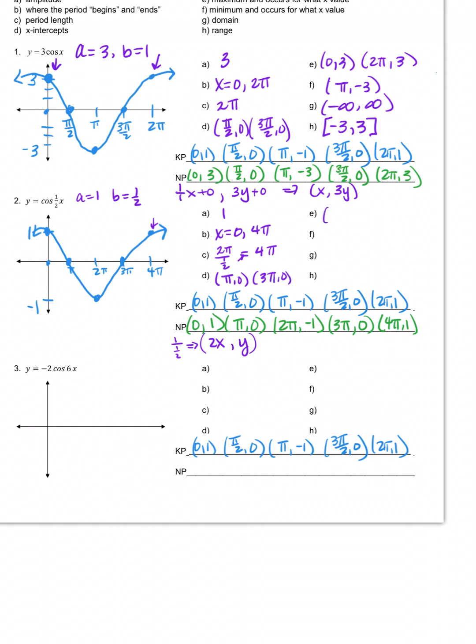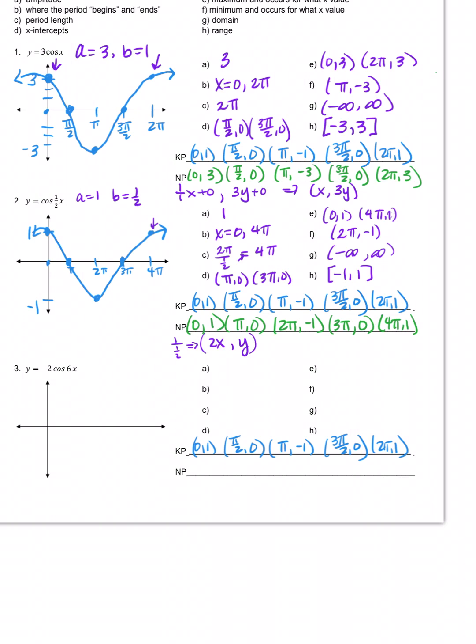Maximums occur at 0, 1, and then all the way at 4 pi, 1, sorry. Minimum is at 2 pi, negative 1. G is domain, negative infinity to positive infinity. And then H is range, so negative 1 to 1.